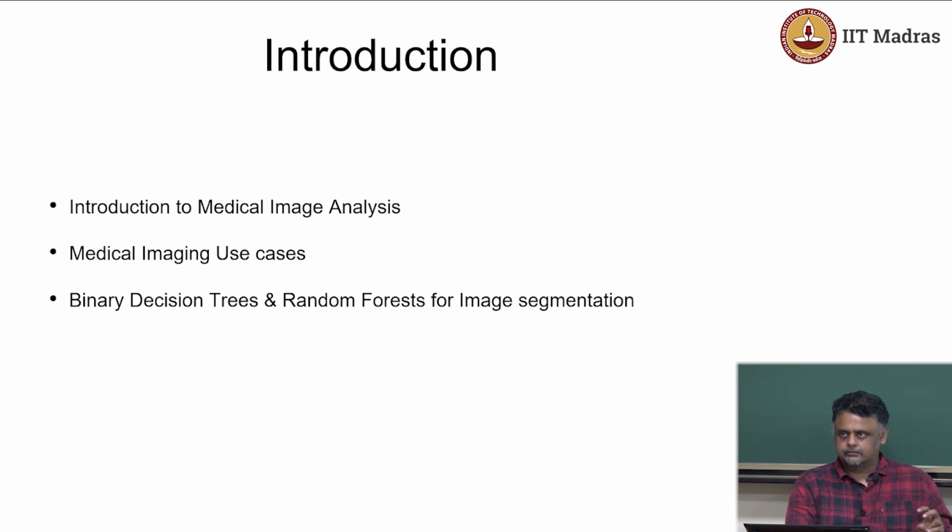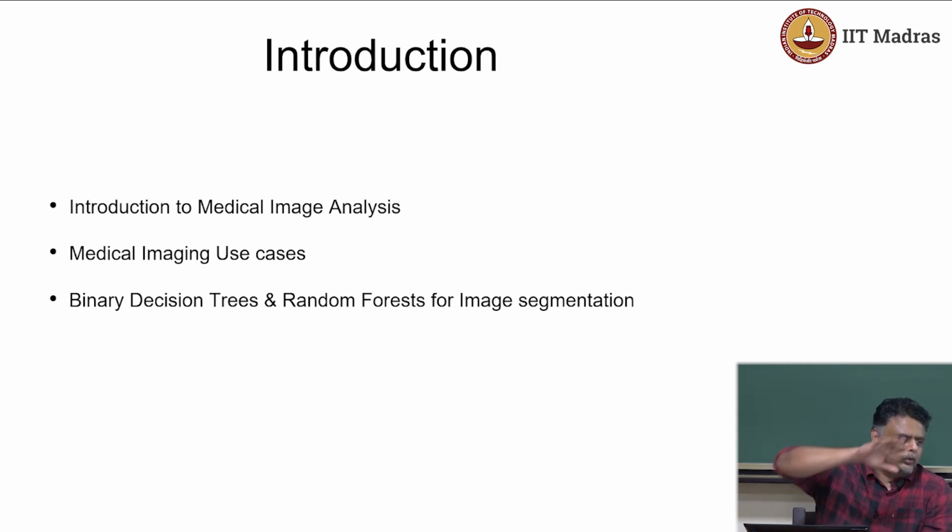So I'm going to only talk about a certain application in medical imaging, which is primarily called medical image segmentation. That's what we will see mostly. I'll tell you what it is. We are going to be doing these three topics today. I'll give you an introduction, an idea of where in medical imaging you have some need for automation or processing, and we'll look at how we can use binary decision trees and random forests for image segmentation.